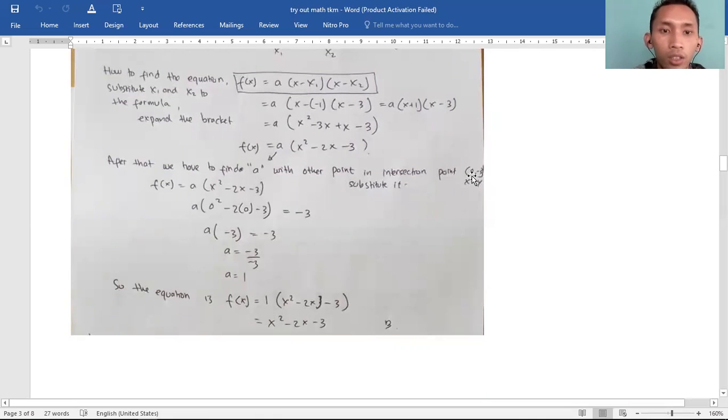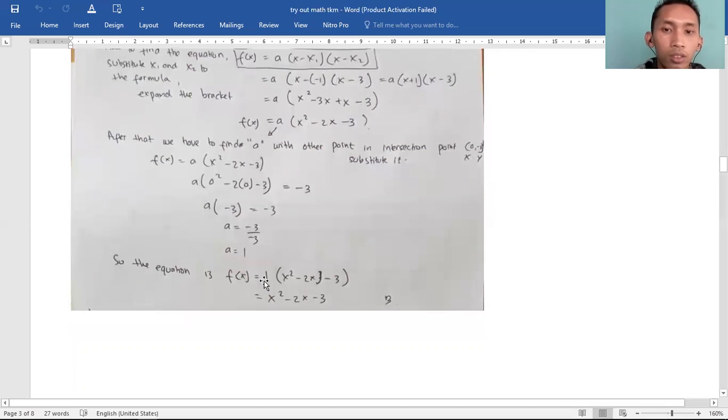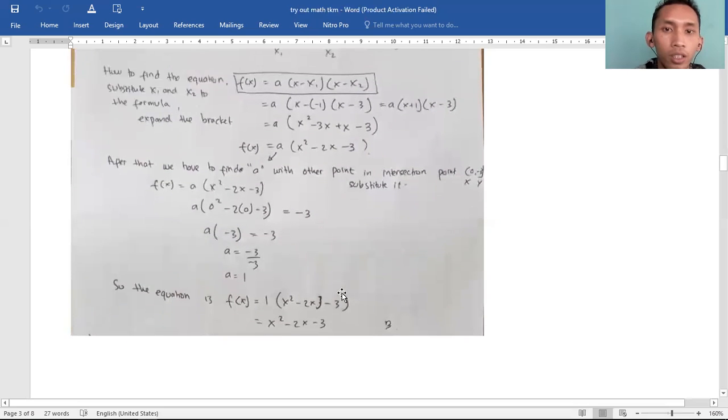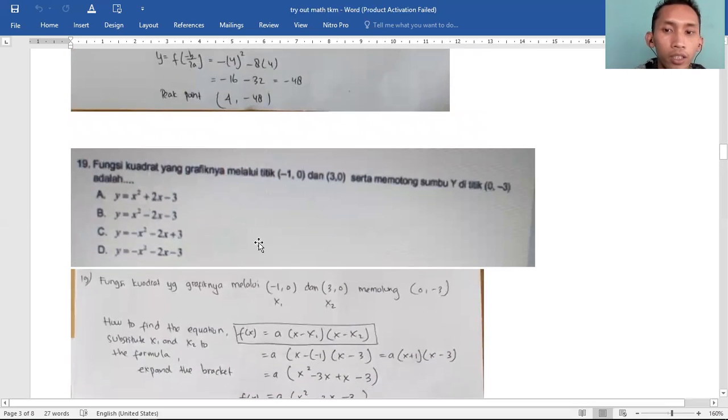You can find it on the paper. So a times negative 3 is negative 3, so a is 1. So the real equation is this one. We change a into 1, so x squared minus 2x minus 3. So this is the equation. Okay, so you will find the answer here.